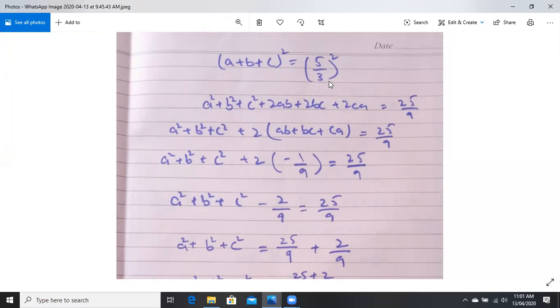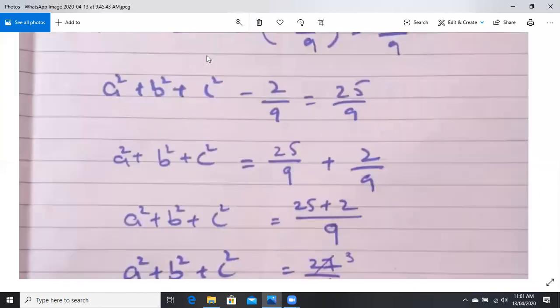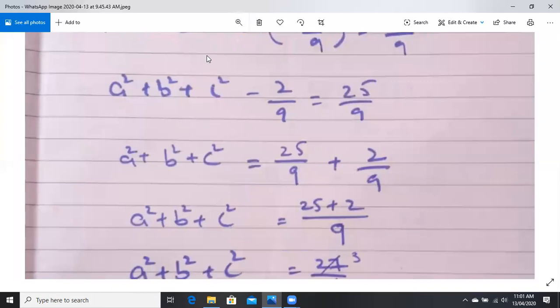So now, similarly again I take 2 common because 2 is common, and we will put in the value of ab plus bc plus ca, which is minus 1 by 9. So 2 multiplied by minus 1 by 9 is minus 2 upon 9. So again I separate a square plus b square plus c square because I have to find the value of this. So the 2 by 9 on the left side of the equation is minus.